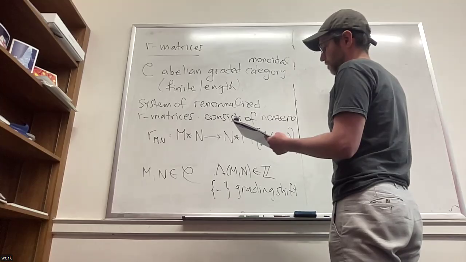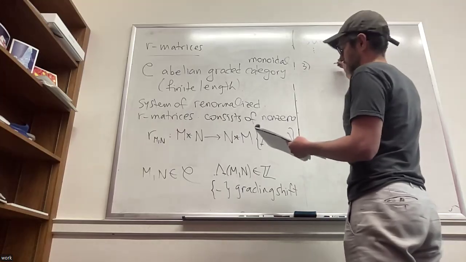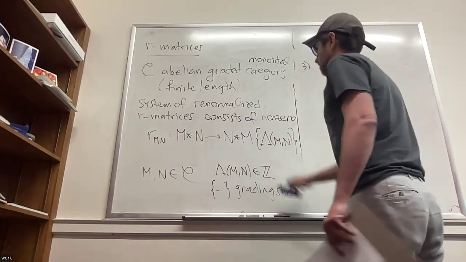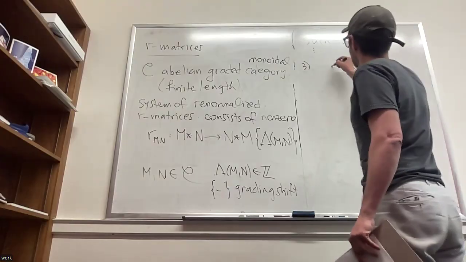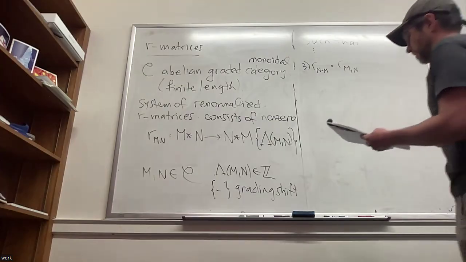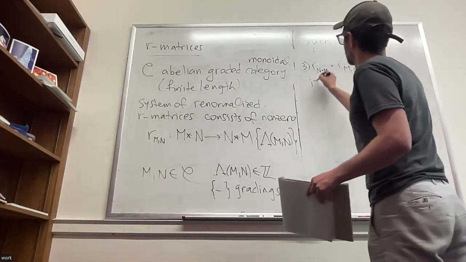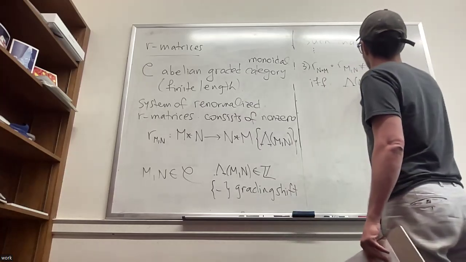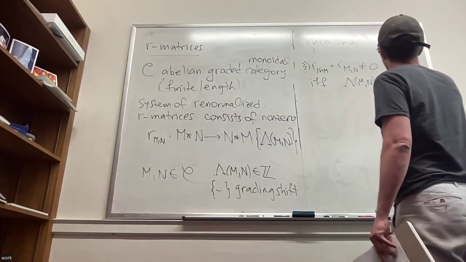Maybe this one's interesting. The third one on my list would be if you look at the composition of two such morphisms. If you apply this morphism twice, so you do R_{M,N} composed with R_{N,M}, then this will be non-zero if and only if the pairing Λ(M,N) plus Λ(N,M) is 0.